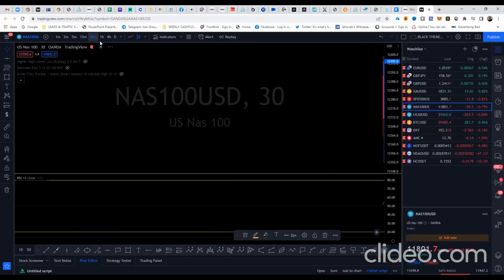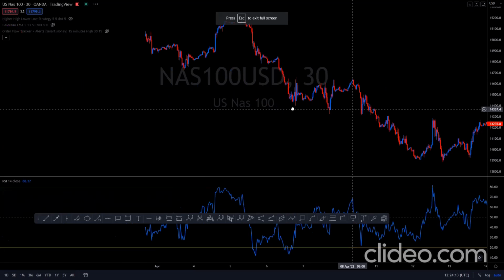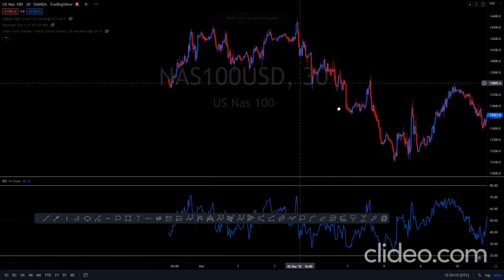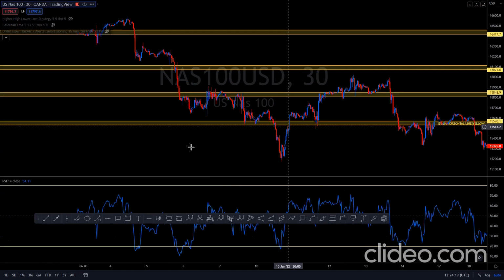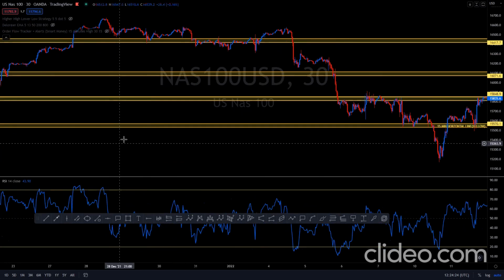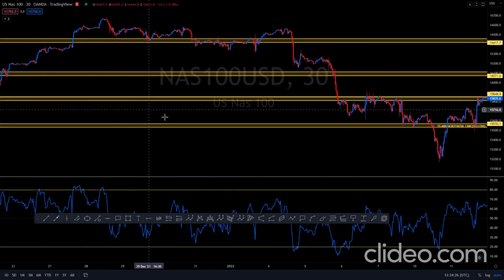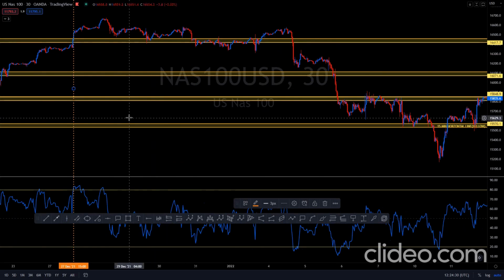So we want the 30-minute to do the same thing. This is the area that we just marked up on the 15-minute. So we're going to put another vertical line here. It's going to represent this in 30.